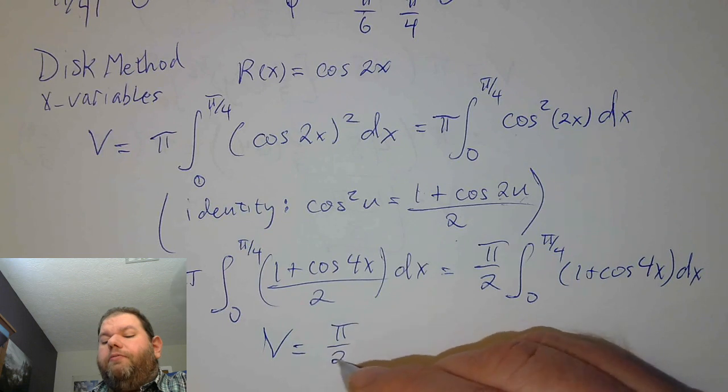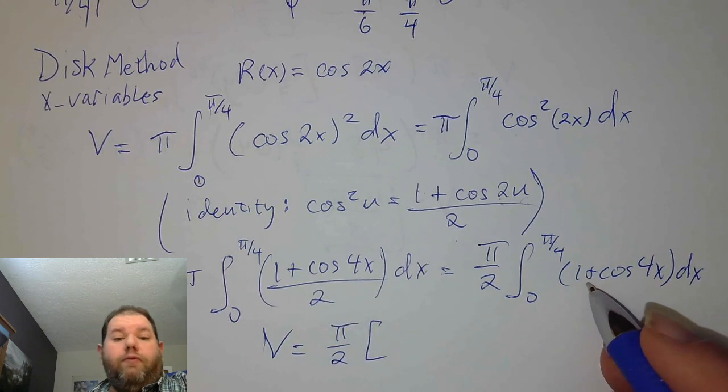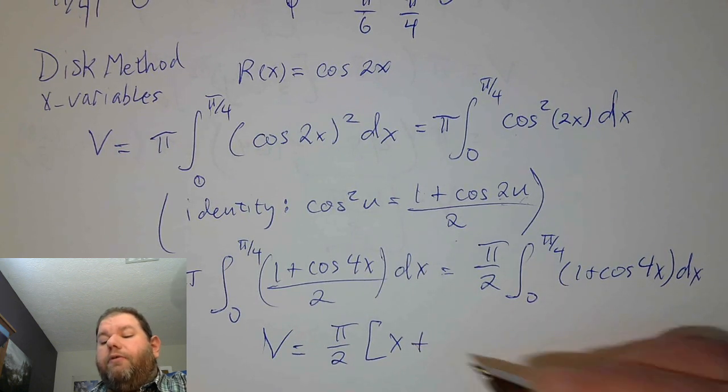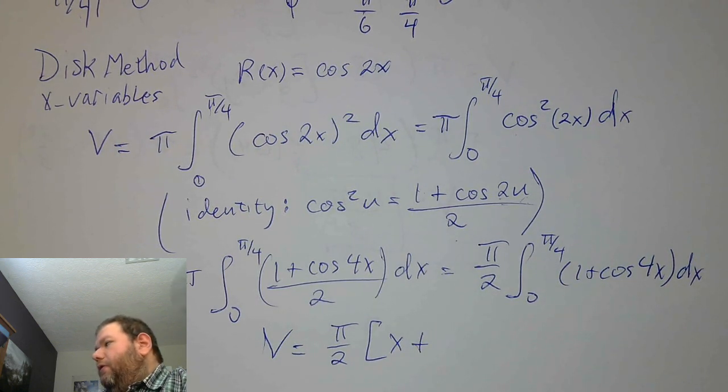So our integral of 1, of course, is x. What is the integral of cosine of 4x?